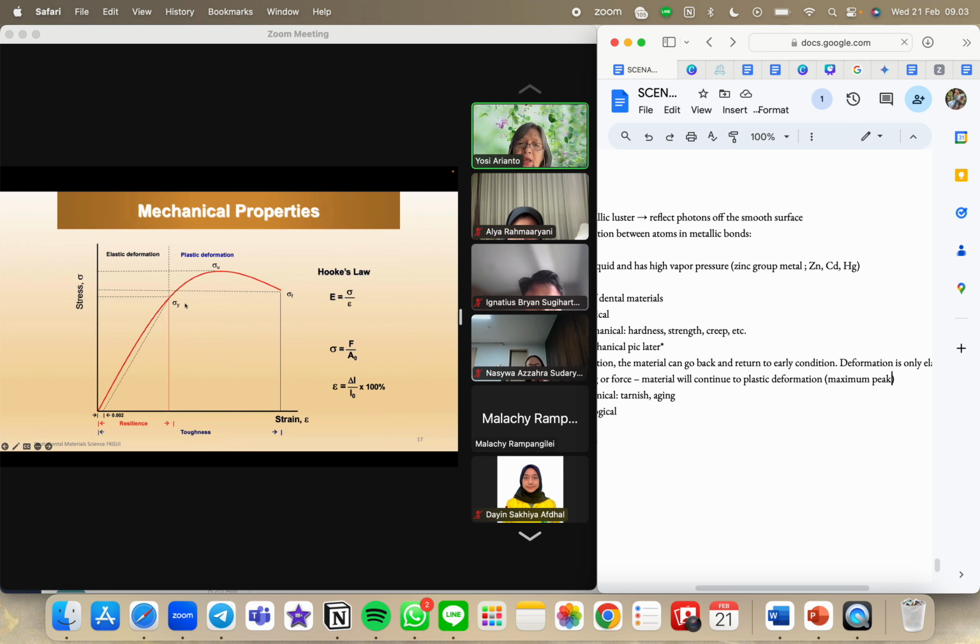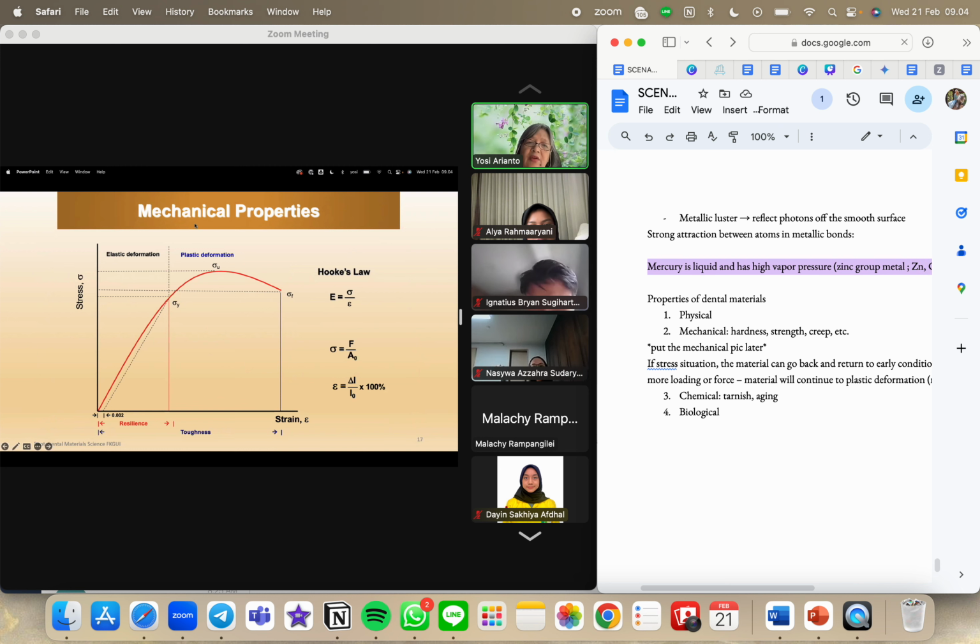So from the yield point until they are fractured is called the plastic deformation. In this plastic deformation, there is already a deformation that is permanent; it cannot go back to the early condition, unlike the elastic deformation.